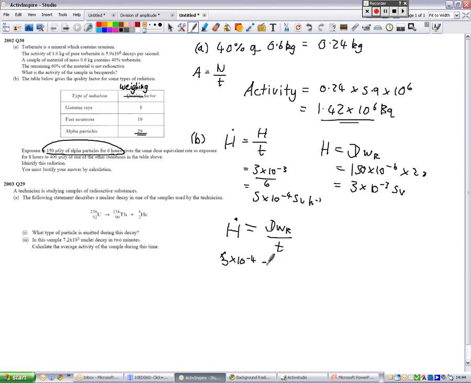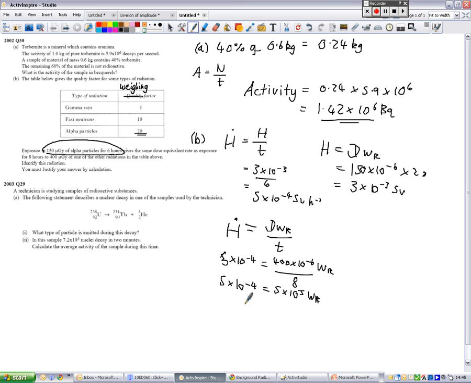You just calculate that out. dWr for the other one is 400 times 10 to the negative 6 times, whatever WR is, because you don't know that, divided by the time that it's exposed to, which is 8. So you get 5 times 10 to the negative 4 being equal to 5 times 10 to the negative 5 WR.